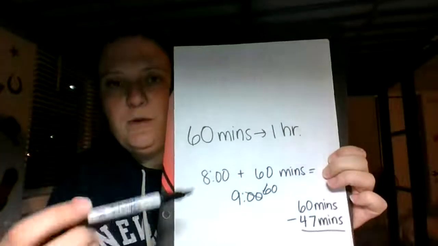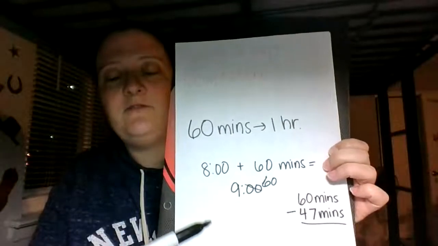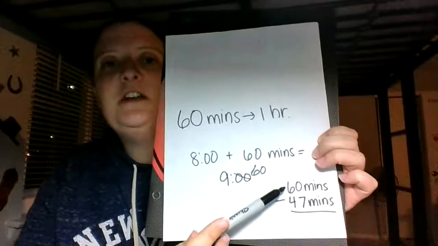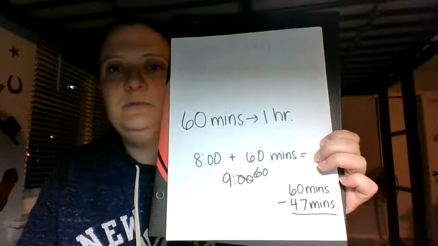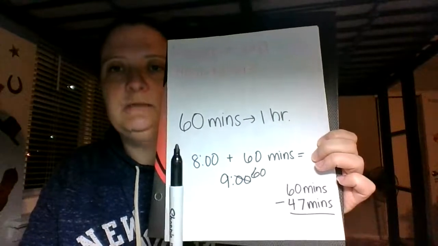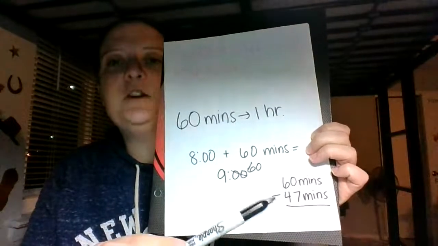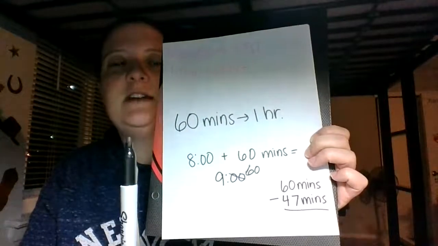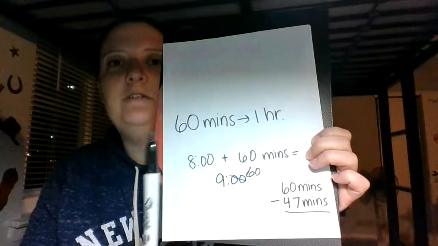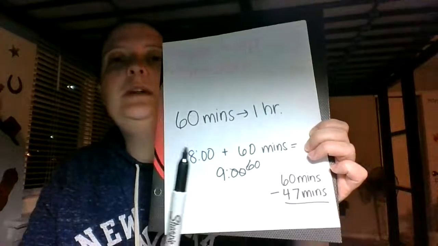So in order to find out how much we have left to go from 8:47 to 9 o'clock, we need to figure out if our goal is 60, which is to be all the way up at the 12 with the minute hand. If we're at the 47, how much from the 47 to the 12, right? 47 to the 00, do we need to do?